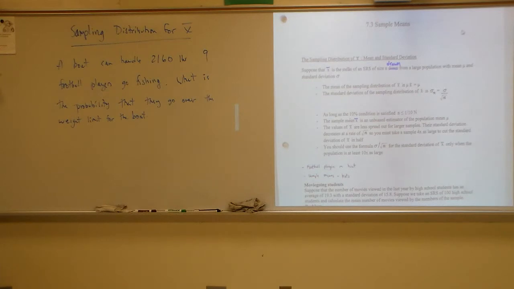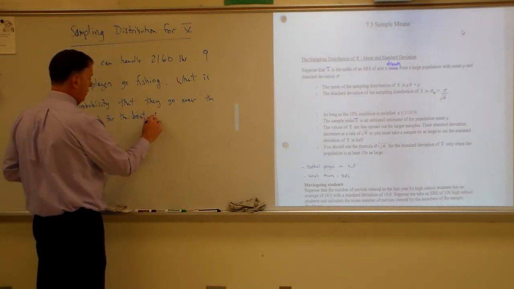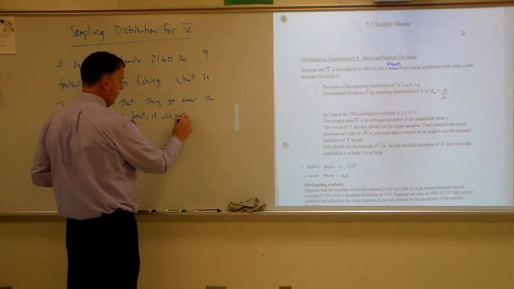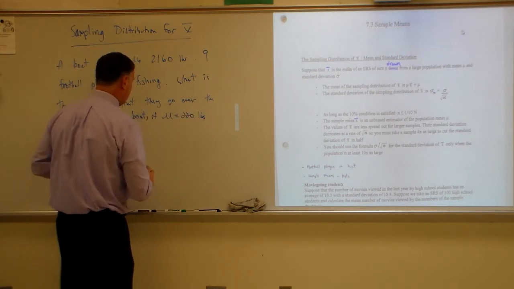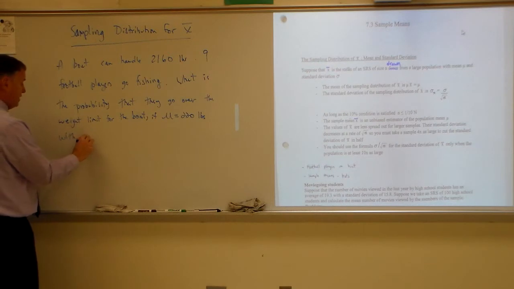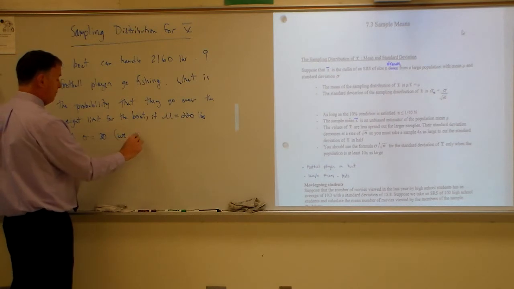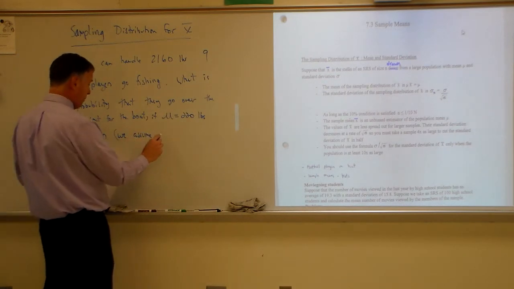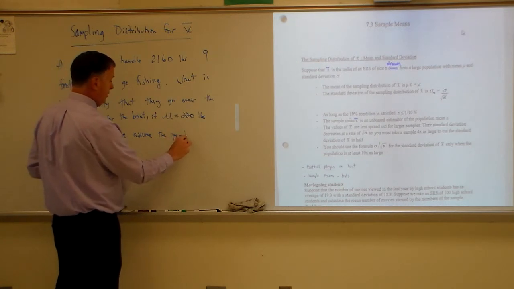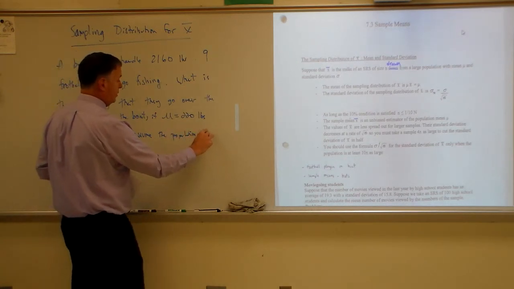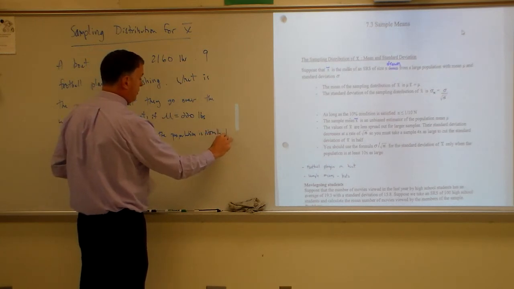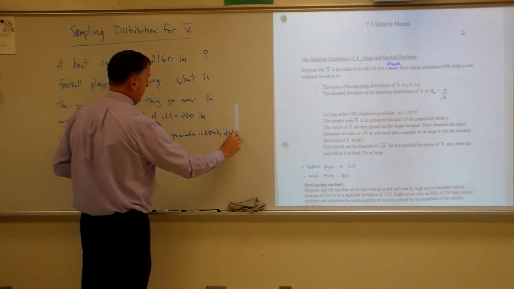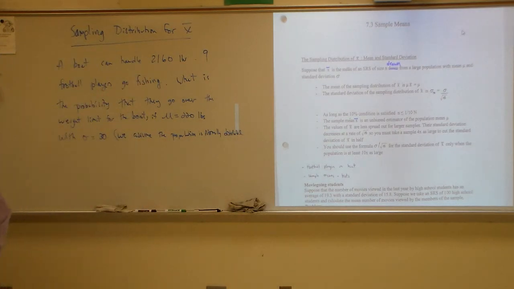What's the probability that they go over the weight limit for the boat if the mean weight of a football player is 220 pounds with standard deviation equal to 30, and we assume the population is normally distributed? So you want to have that written down, because I think it's helpful.